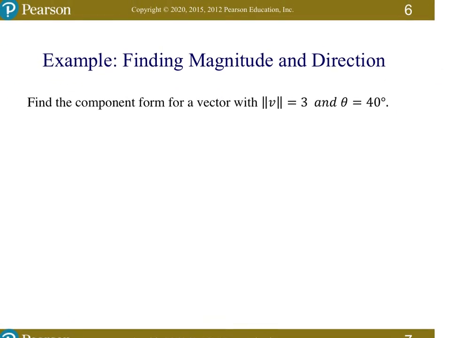Okay, it's more common that you'll go the other direction, that you'll be given the direction angle and the magnitude and be asked to find the component form. So again, we'll try and picture this with a 40-degree direction angle. So 40 degrees, about like that. And we know that the magnitude is 3, which would translate to this. And so we want the component form.